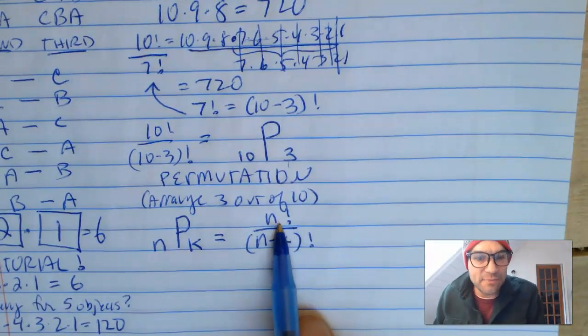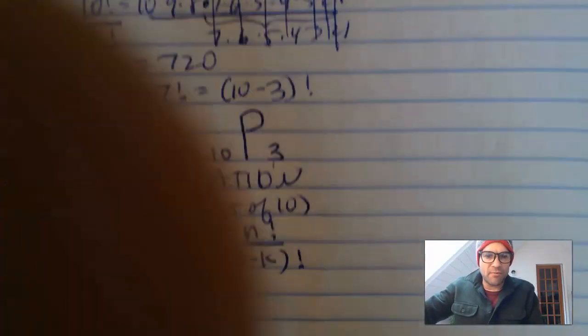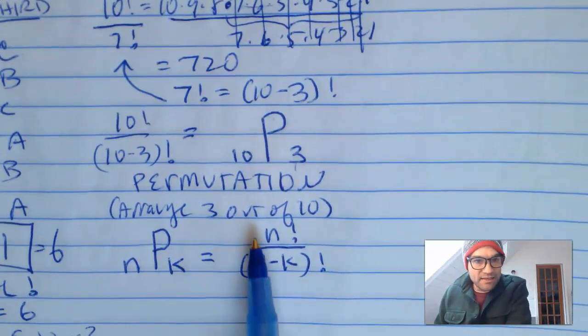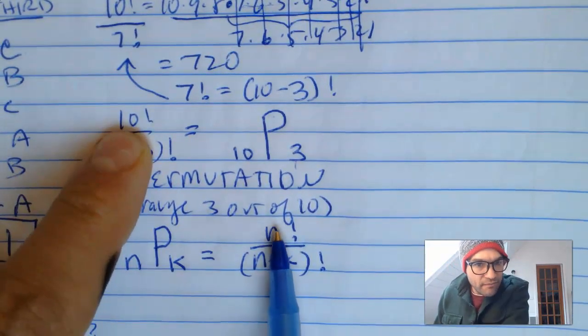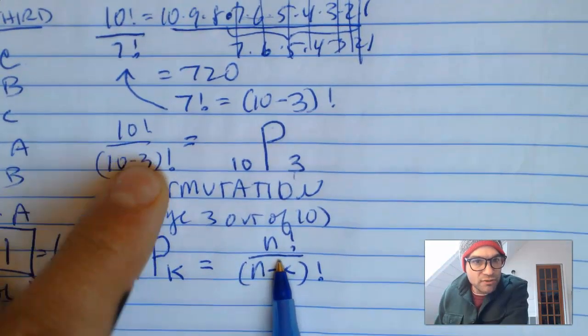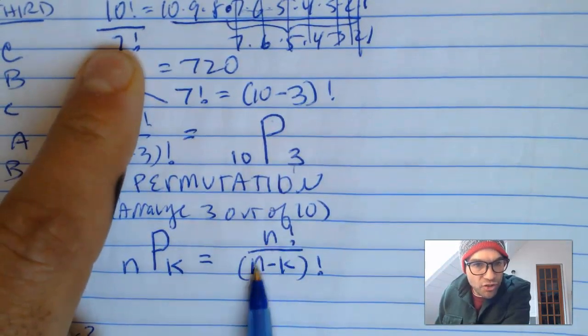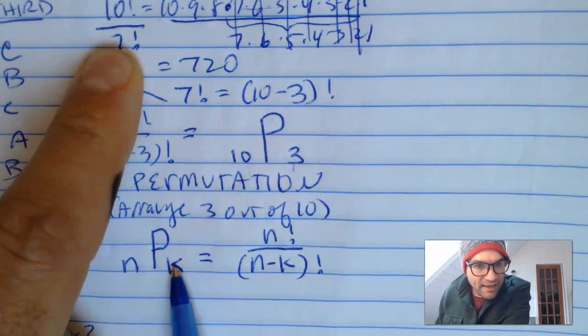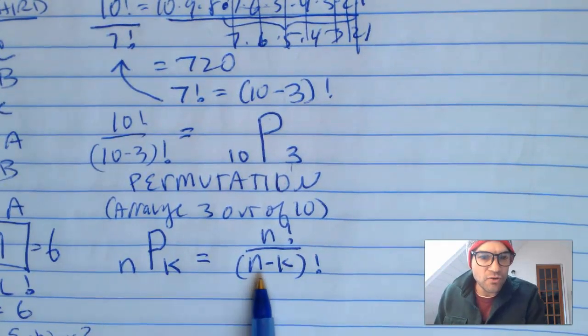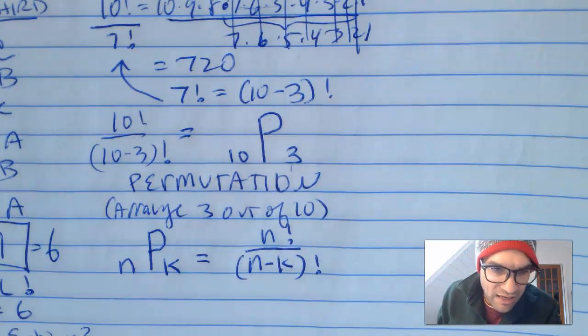And it seems like, wow, how am I going to remember all that? That's crazy. I can't do that. Well, it's the same thing as here. It was 10 factorial over 10 minus 3. That 10 minus 3 gave you the 7 because you just want to have k left over. So when you do n subtract k, you get left with just k stuff, and you'll see it.